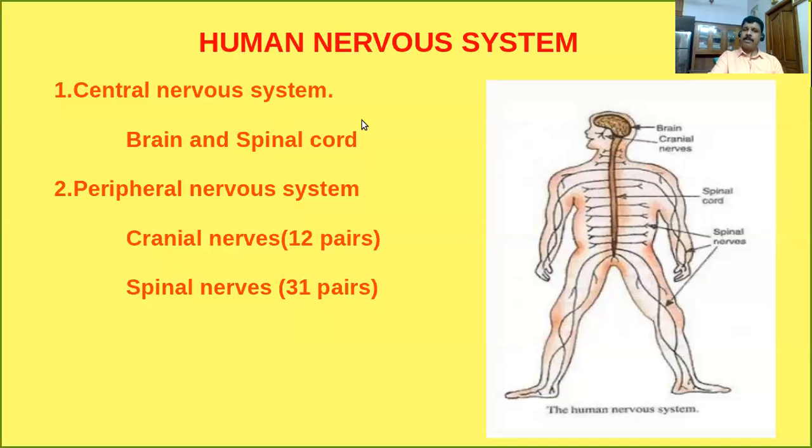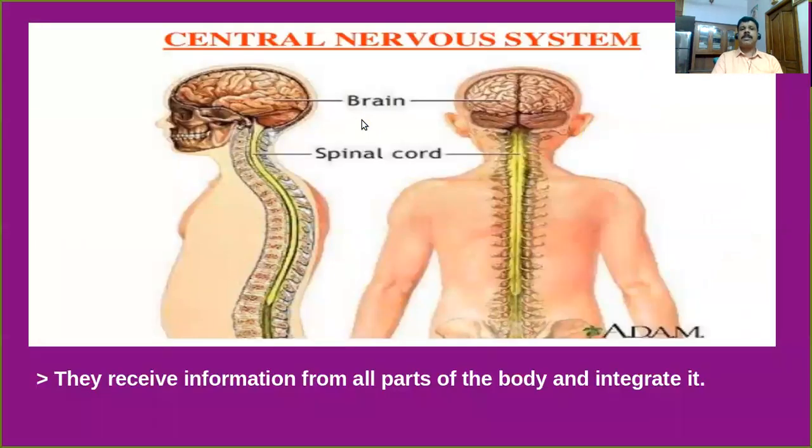You are very familiar. The central nervous system involves the brain and the spinal cord. Look at the diagrammatic representation. Here you can see the central nervous system, meaning the brain and the spinal cord. Do you know what is the function of the central nervous system? Yes.